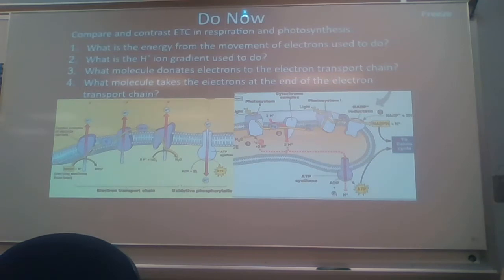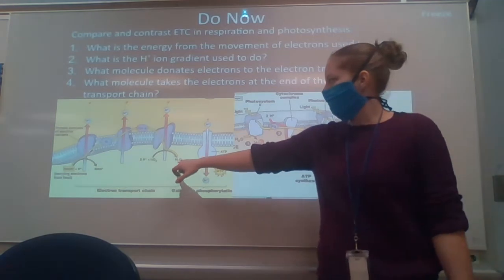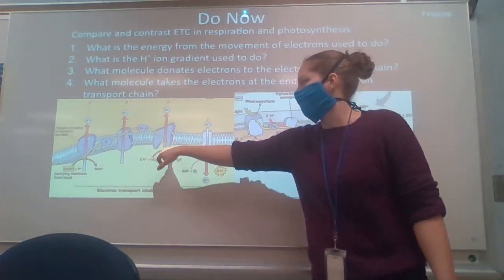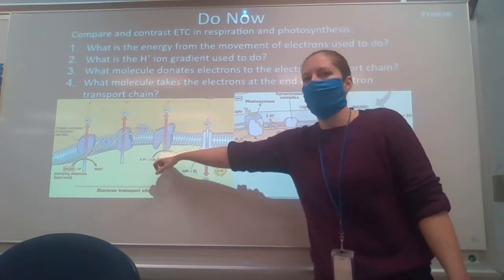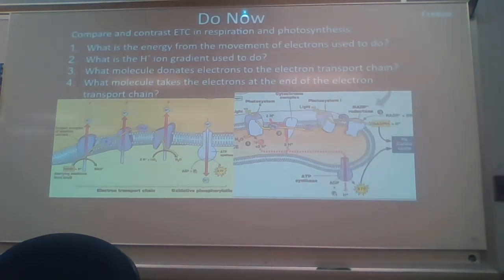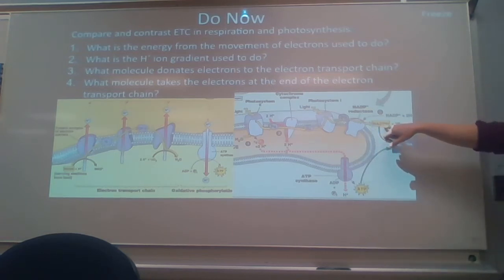Number 4, what molecule takes the electrons at the end? In cellular respiration, it's the oxygen, right? So that's why we form the water, because the oxygen is accepting the electron. And in photosynthesis here, at the end of the electron chain, what's picking those electrons up? Yeah, our electron carrier, our NADP plus, is picking it up. And now it's reduced.